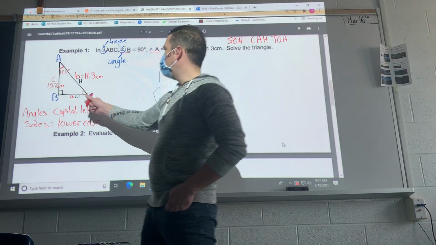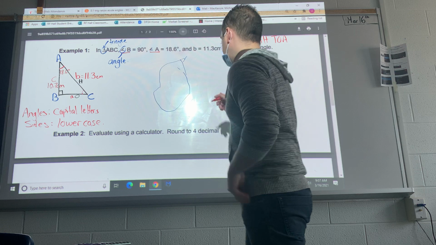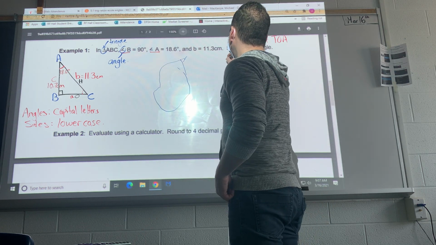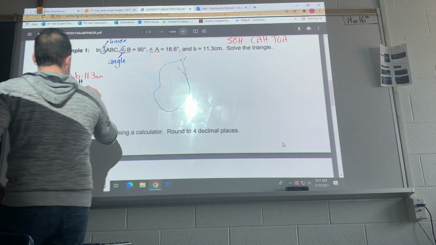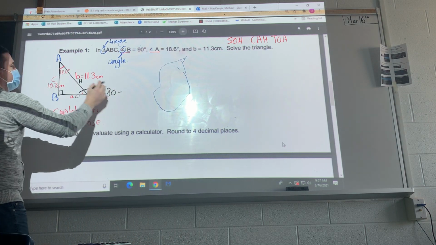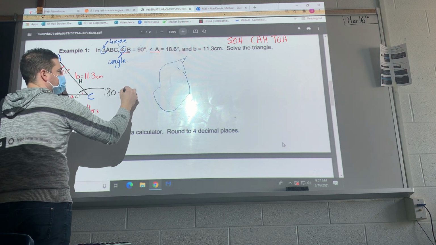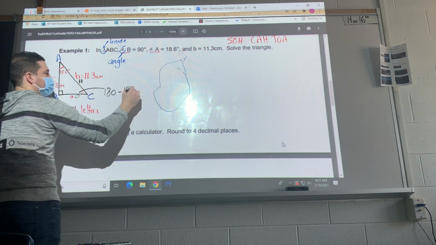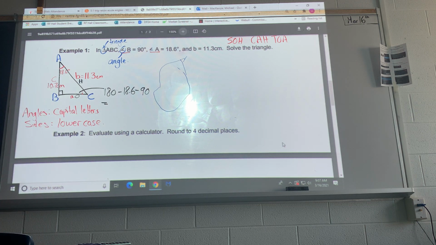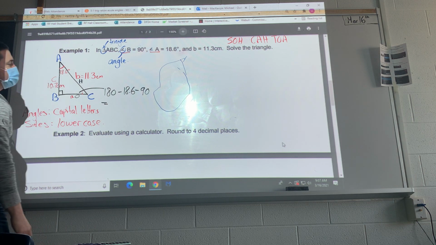So angle C I'm going to find, and we just take it away from 180. So we're going to find this angle here. It's just 180, subtract the other two. The other two are 18.6 and 90. So it gives you 108.6.